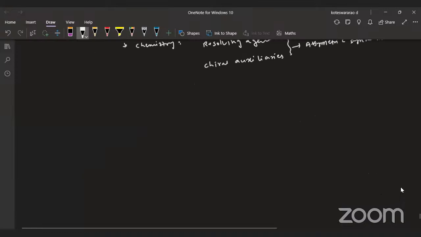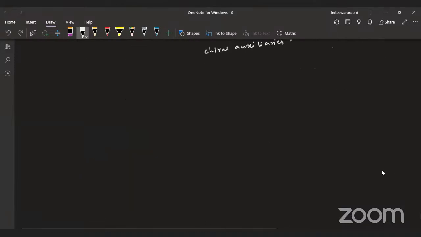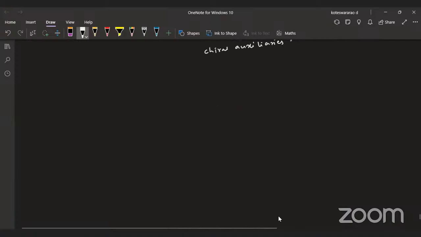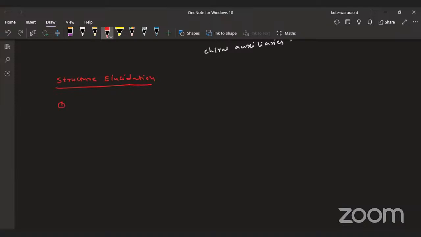Next, coming to structure determination. This is the fundamental information about camphor. Now coming to structure elucidation or structure determination. The first point is always the molecular formula.